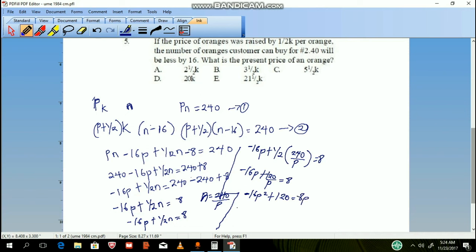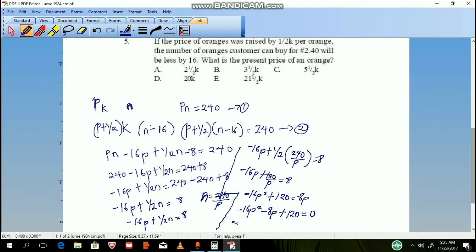If I collect like terms, I will have negative 16P squared minus 8P plus 120 equal to 0. So the next thing is for me to solve this. How can I simplify this? By dividing all through by negative 4.